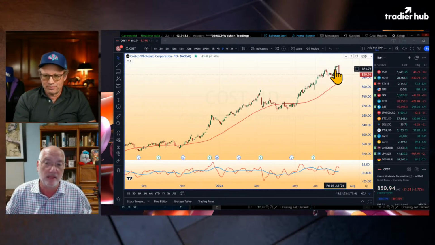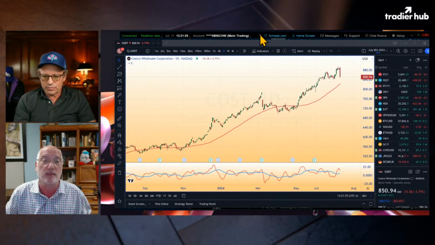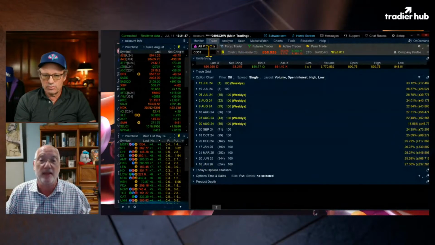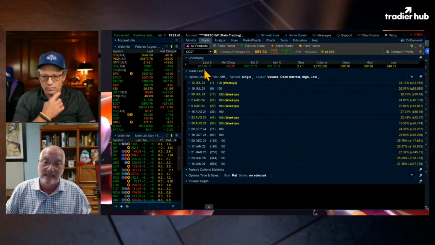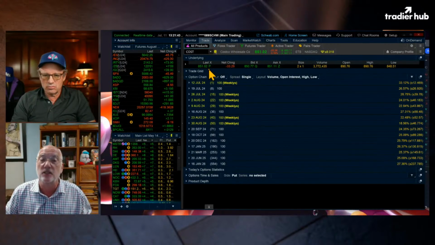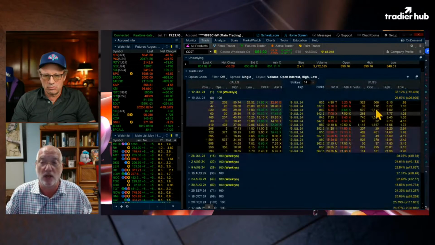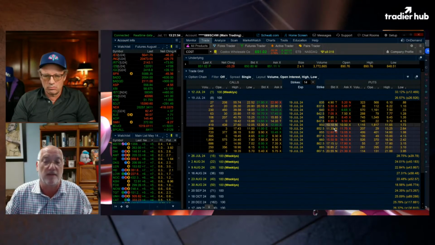So on this, I probably would look at something for next week if the expected move was enough. Okay, so to me, at 851, I'm not going to touch it. I'd like to see it at 865 and then see about maybe the July, like around 855.